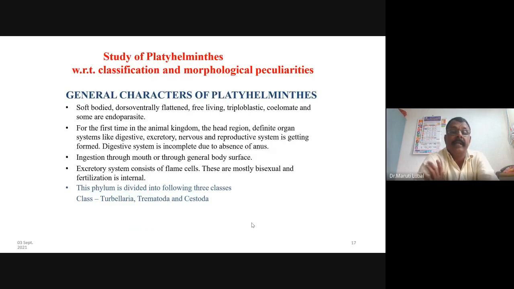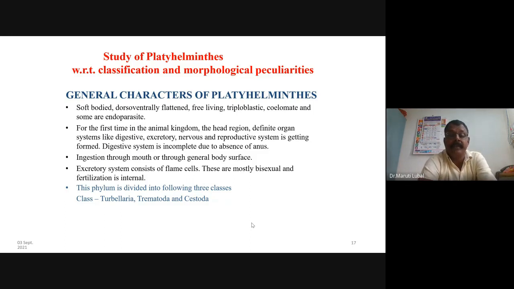Next phylum is the Platyhelminthes. These are the general characters of the Platyhelminthes. First character is, these animals are soft-bodied, dorsoventrally flattened, free-living, triploblastic, acoelomate, and some are endoparasites.